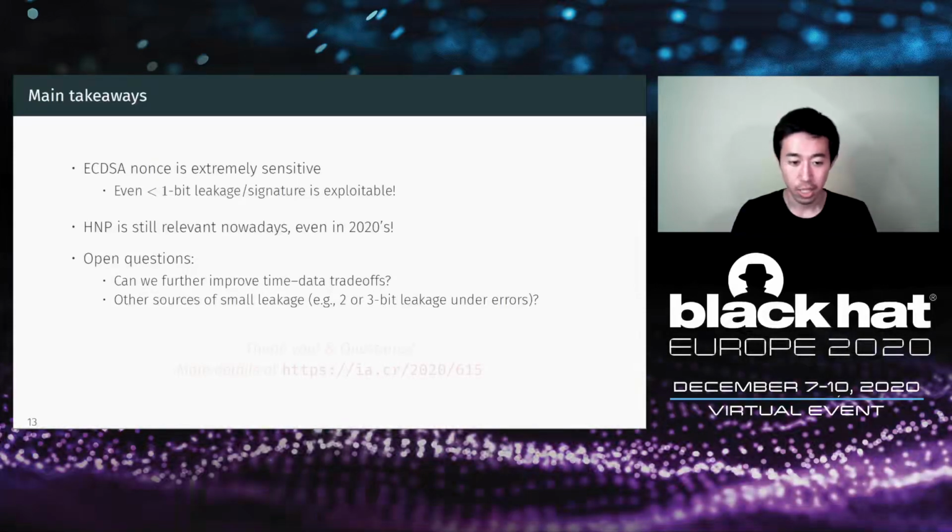So if you can find more efficient algorithm that gives better trade-off curves, then we might be able to further reduce the input data complexity of Bleichenbacher's attack. Also, we'd like to know whether there are other sources of small leakage that allows an attacker to learn 2 or 3-bit leakage under some errors. We expect that in these cases, Bleichenbacher's attack works very effectively.